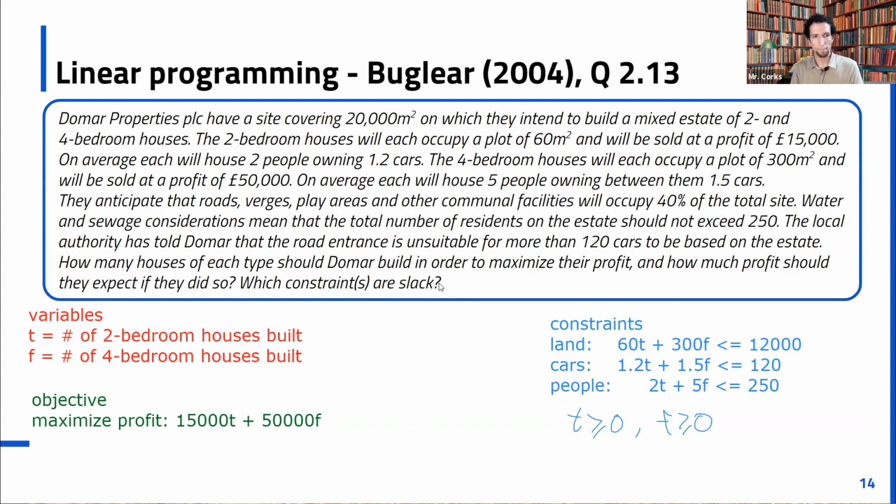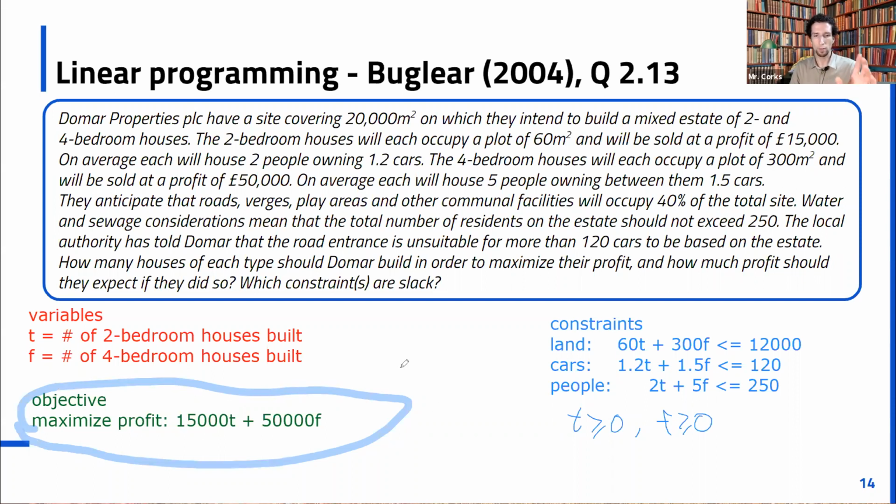How about expectation? Like how much profit should they expect? That's what the objective is telling us, right? So given all of this, we can figure out you should be building this many 2-person houses, this many 4-person houses, and when you do so, you will reach exactly this profit.